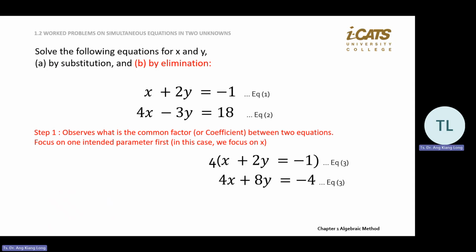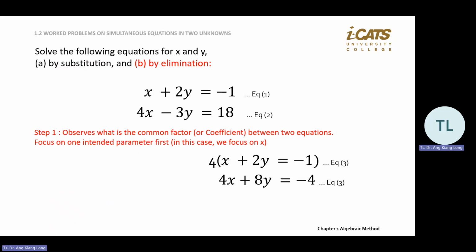In this case, we look at x, so the common coefficient between these two equations is 4. You compare 4x and 4x. Once you make them the same, you can eliminate. You take equation 1 and multiply by 4.